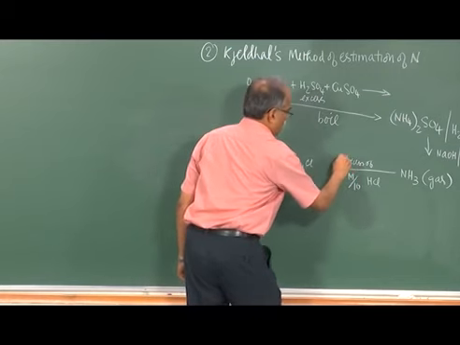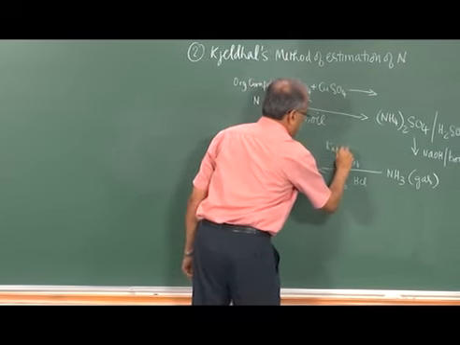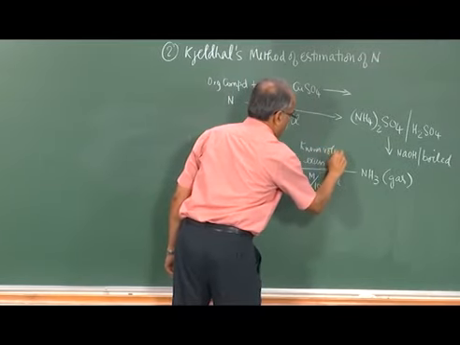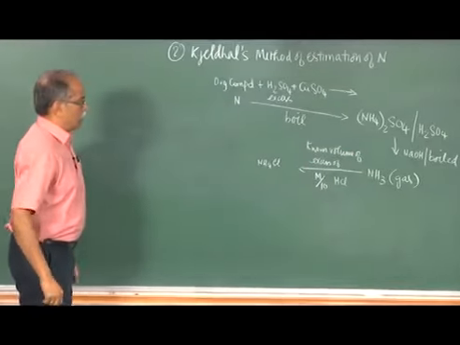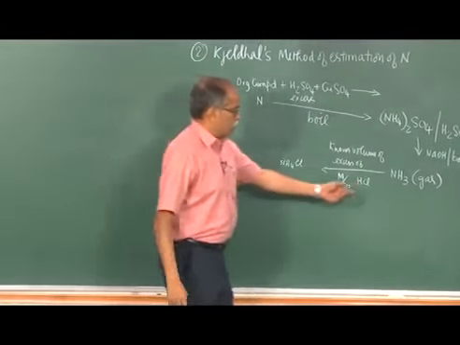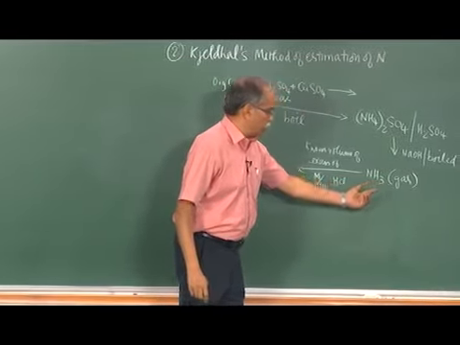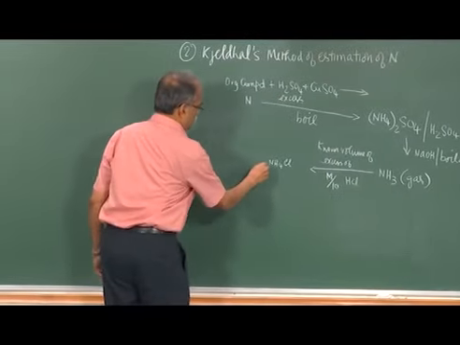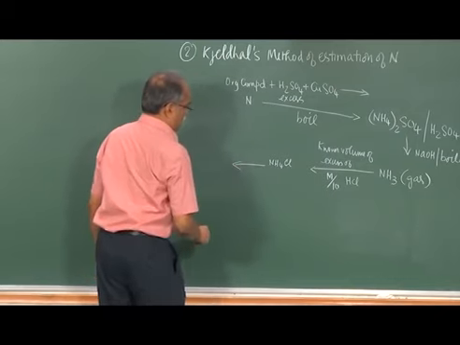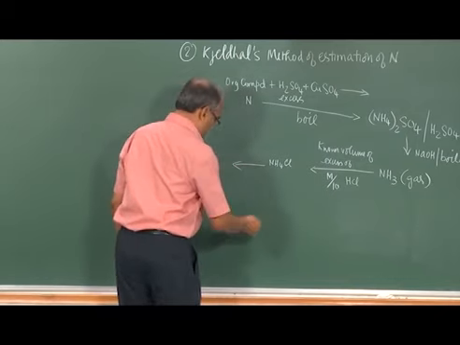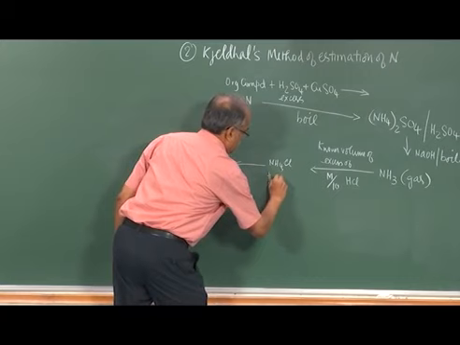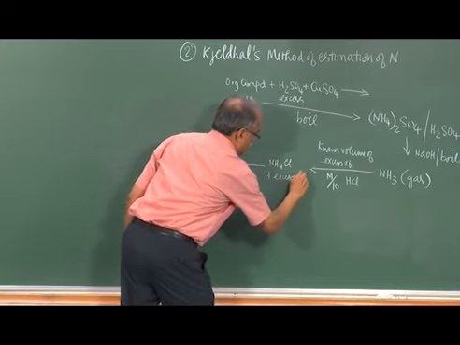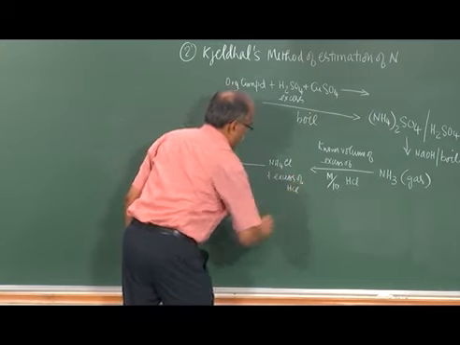Since a known volume of acid, more than what is necessary for neutralizing the required amount of ammonia, is taken, there will be excess hydrochloric acid. This is essentially a titrimetric method. Ammonium chloride is formed, plus excess HCl will be present here.